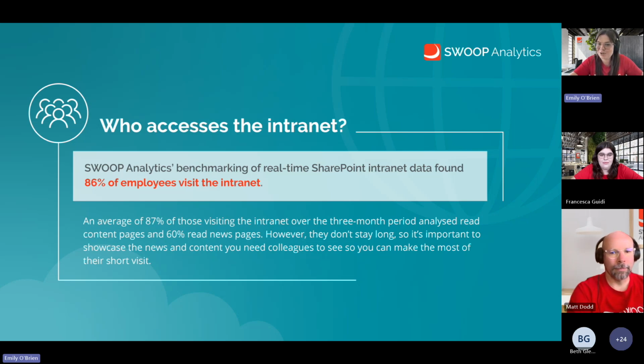And that's a pretty solid number. And I think it tells us that the original purpose of the intranet has been for the enterprise information base. And these numbers certainly tie in with that as well. But of the 86%, we've got 87% viewing content pages and 60% of those people reading news content.